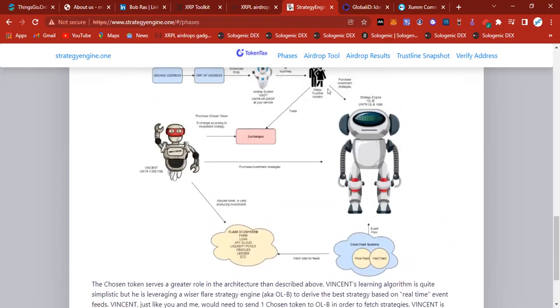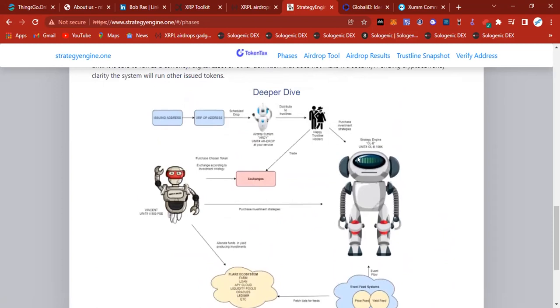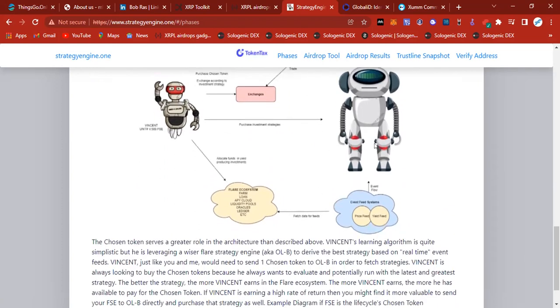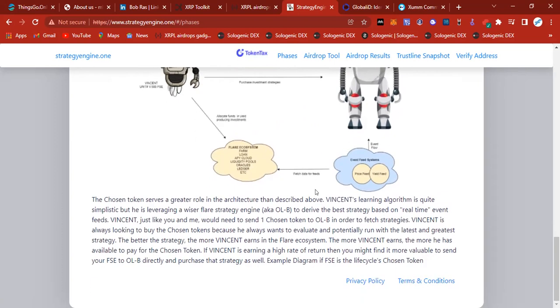So we need to send a token to this robot some way in order to get the best strategies to maximize our gains in the Flare ecosystem and the XRPL ecosystem as well. So that is pretty cool.